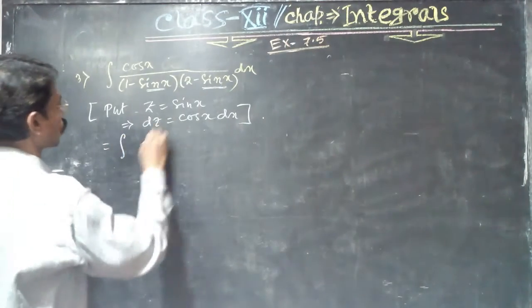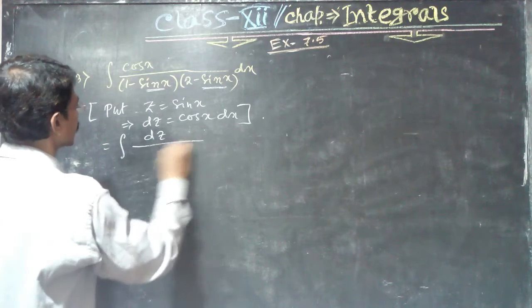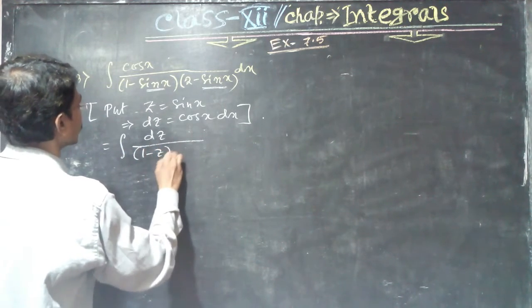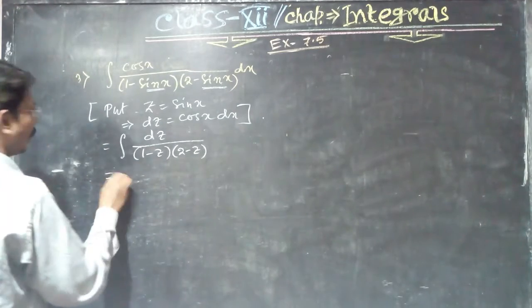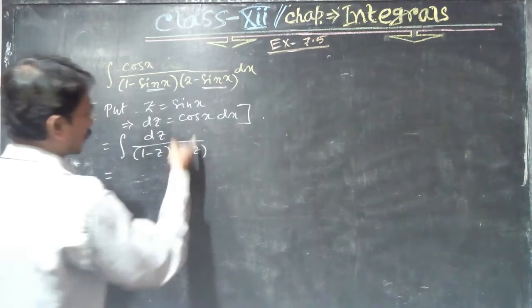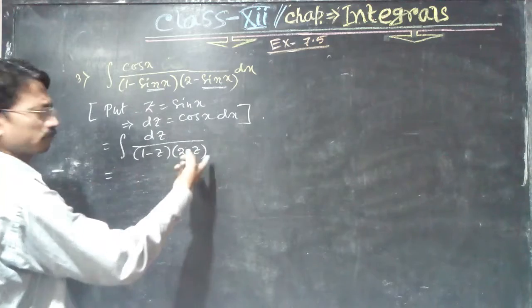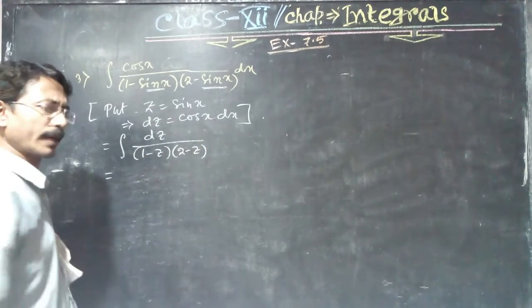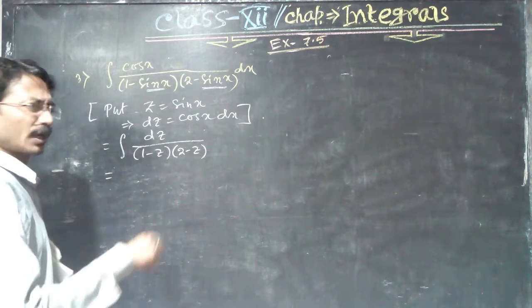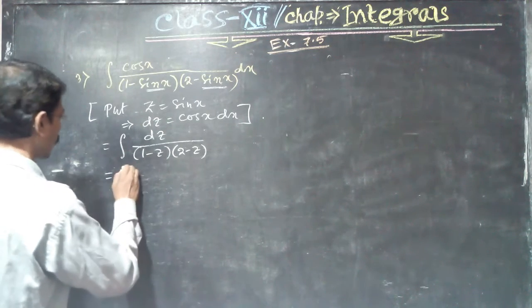So integration becomes dz by 1 minus z into 2 minus z. You can write either a by 1 minus z plus b by 2 minus z in this way, or you can do another way.